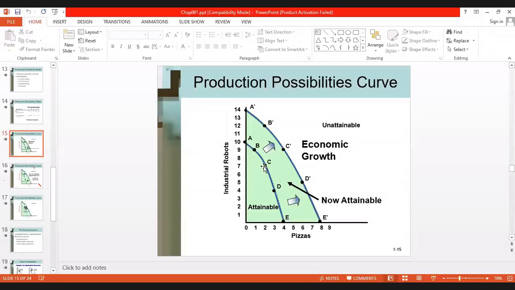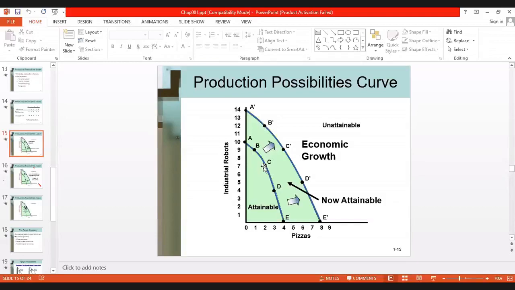The demand and supply curves of pizza decide what amount of pizza the society wants. Likewise the robo demand and supply curves decide what amount of robo the society wants. So these two commodities' demand and supply determine the amount of pizza and robo.